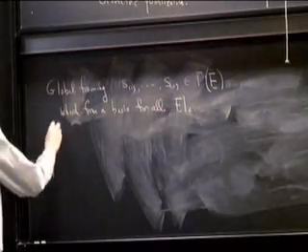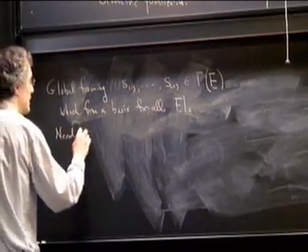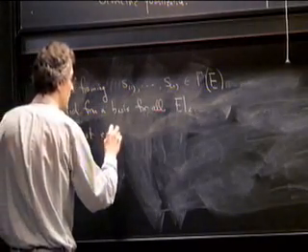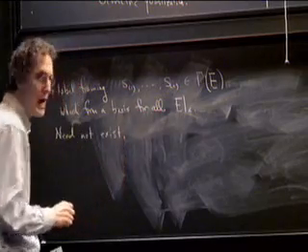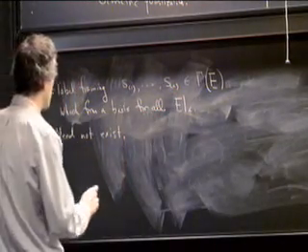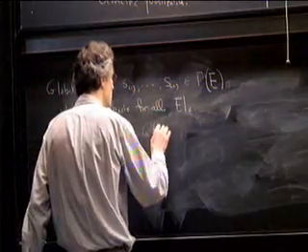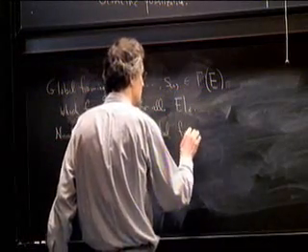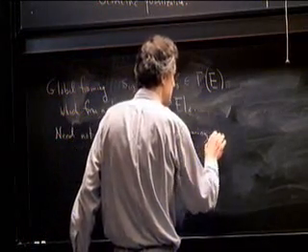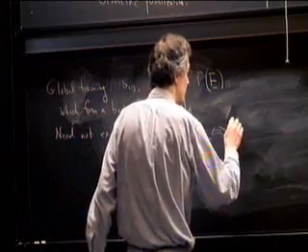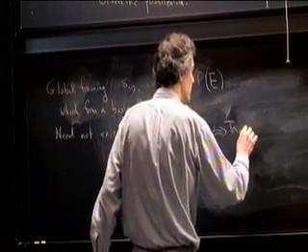And these need not exist. In fact, if you have a global framing, that's the same thing as getting a trivialization of your vector bundle.